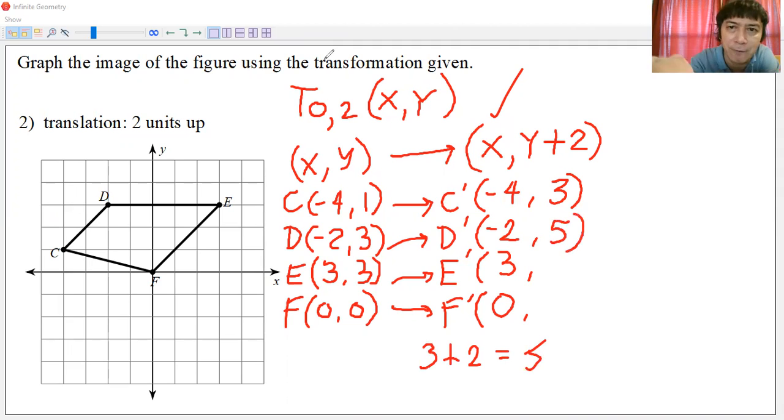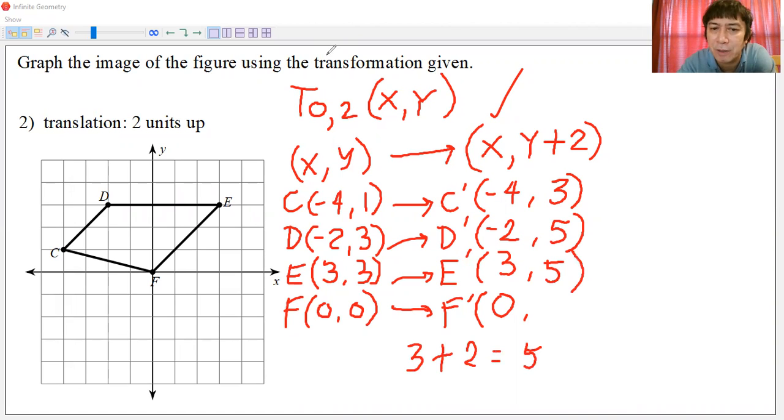Let's continue with our point E prime. For E prime, we will get the y value from E. So the y value is 3. We're going to add 2, and that looks like 5. So this is 5 also.